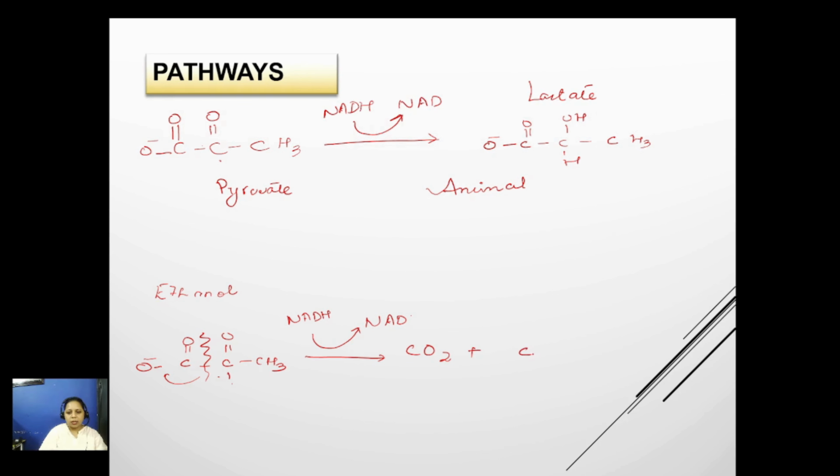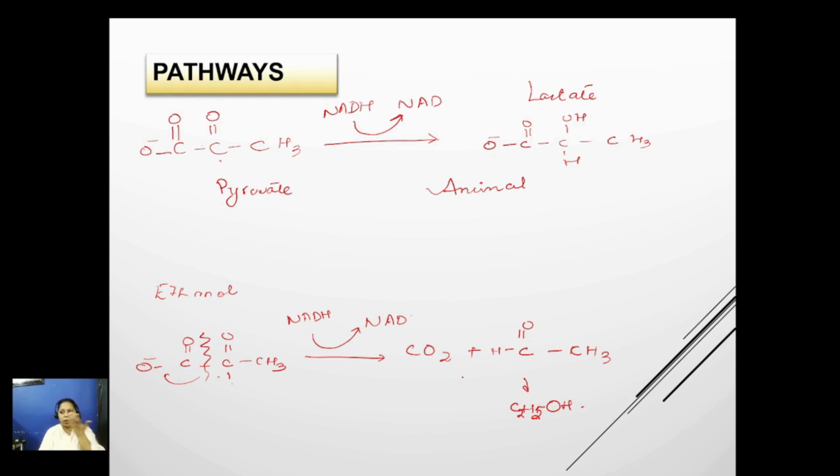So it becomes C double bond O, and this is actually the ethanal, an aldehyde. And you know, aldehydes are characterized by hydrogen on one side and the carbon chain on the other side of the carbonyl group. So this ethanal is going to convert into ethanol, which is CH3CH2OH, sorry, C2H5OH.